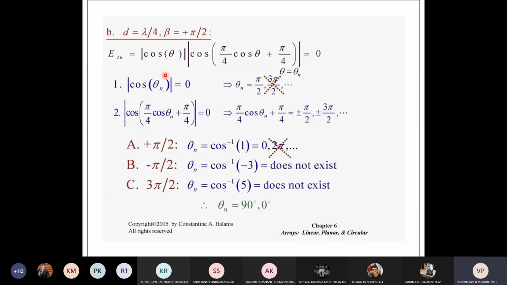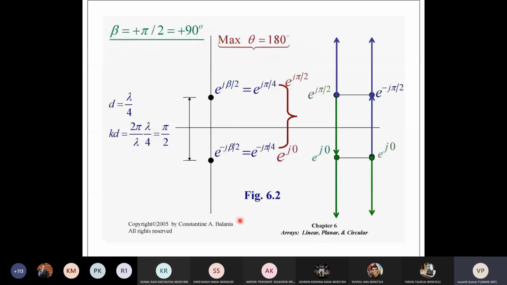And the maxima you get at theta is equal to 180 degrees.